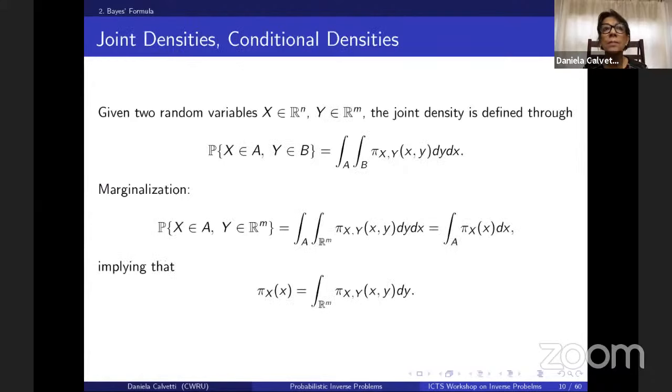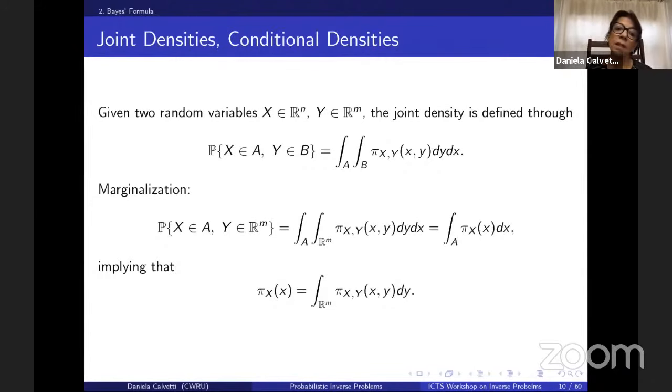So now, often or always, when we're dealing with inverse problems and we have observations, we have more than one random variable. So let's take two here, and we see how we can describe the joint density. So we take two random variables, X and Y. X is in R^n, Y is in R^m.